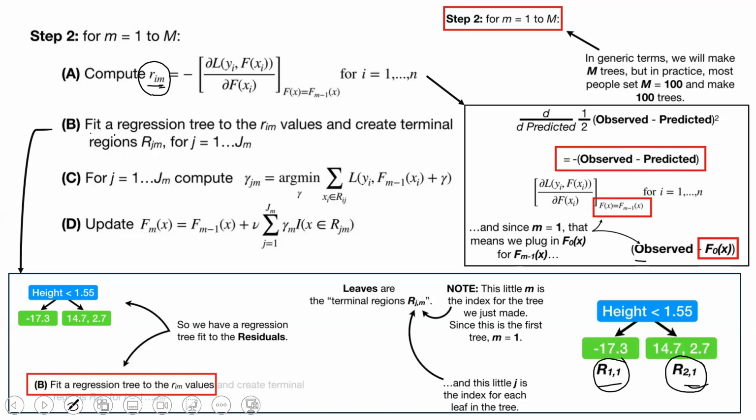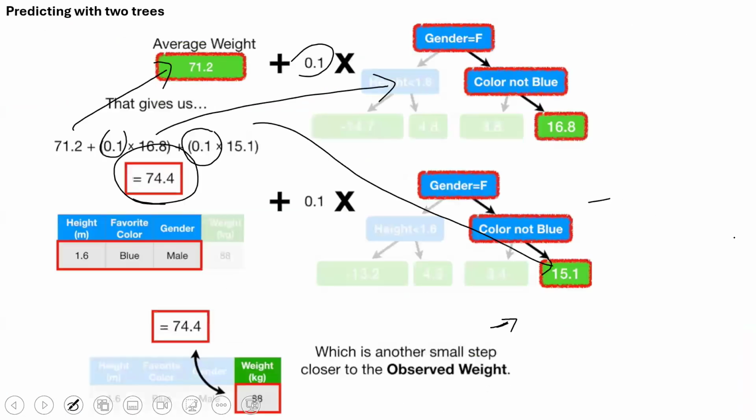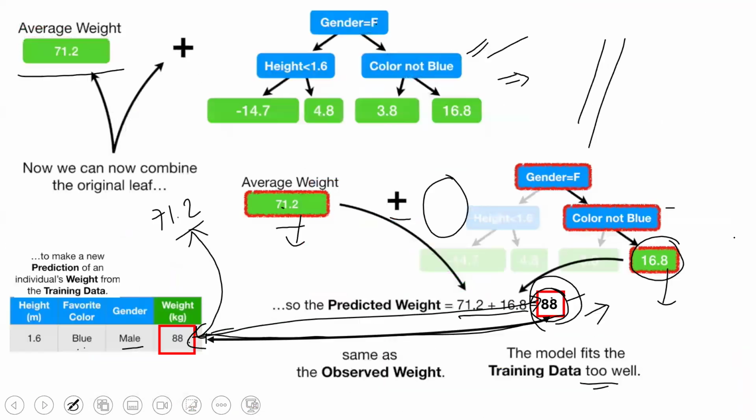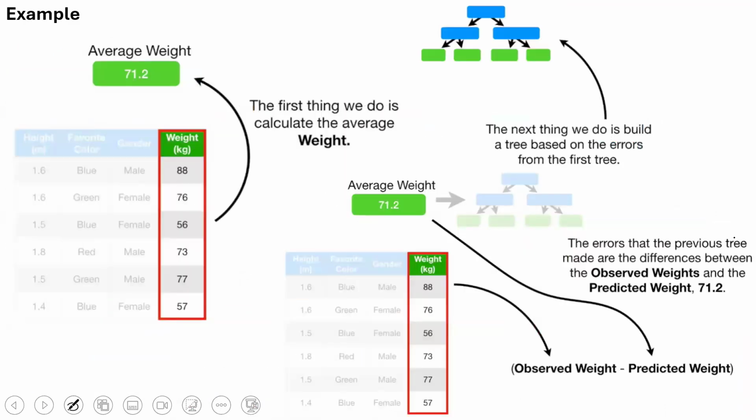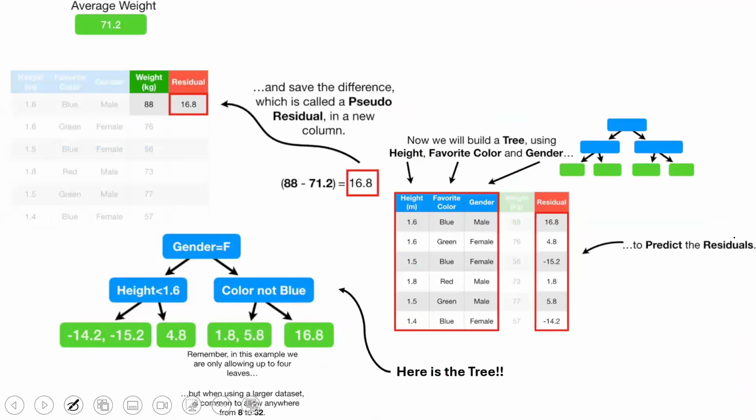Now look at this, fit a regression tree to the r_im residuals that we calculated. Once you calculated the residuals, which is nothing but the observed minus predicted difference, that's how we calculated the residuals, right? So just remember this. If you are clear with this algorithm, it would be easy. How did we calculate these residuals in the first step? We calculated these residuals by taking the actual value and the predicted value from the previous tree, right?